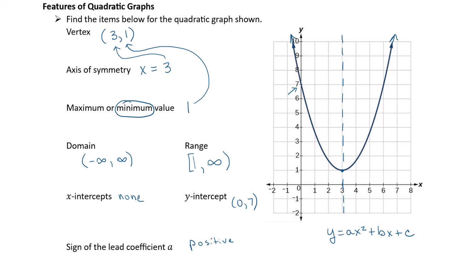If this a had a negative value, then our parabola would be opening downward. Okay, so you can remember it is positive. If a is positive, it's going to be a happy parabola. And if a is negative, he's going to be a sad parabola. It's positive to be happy, it's negative to be sad.